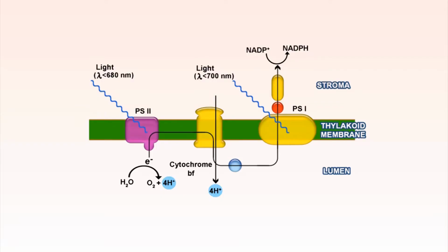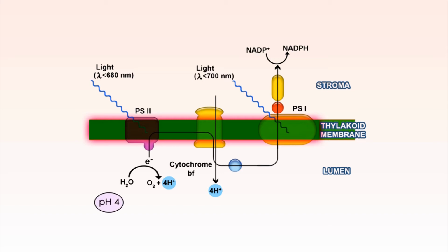During photosynthesis, light induces electron transfer through photosystems 2 and 1 and the cytochrome b6f complex. At various stages in this process, protons are released into the thylakoid lumen or taken up from the stroma, generating a proton gradient. The gradient is maintained because the thylakoid membrane is essentially impermeable to protons. The thylakoid space becomes distinctly acidic with a pH approaching 4.